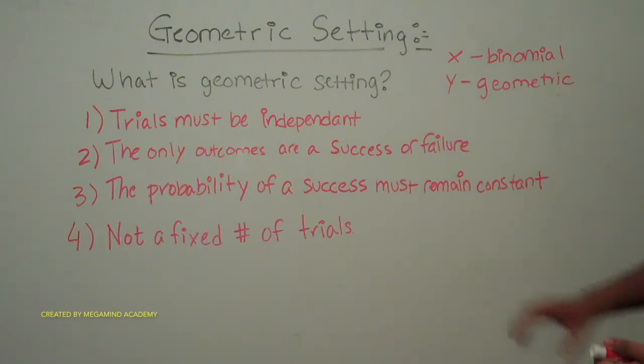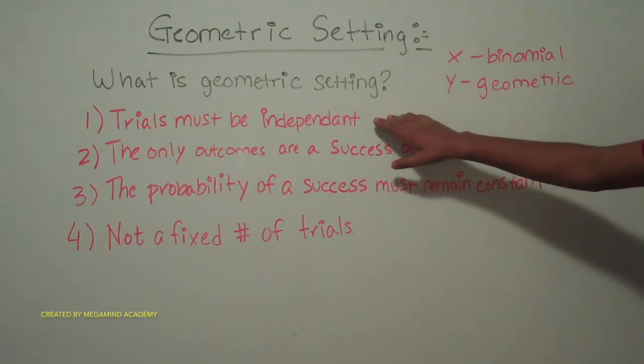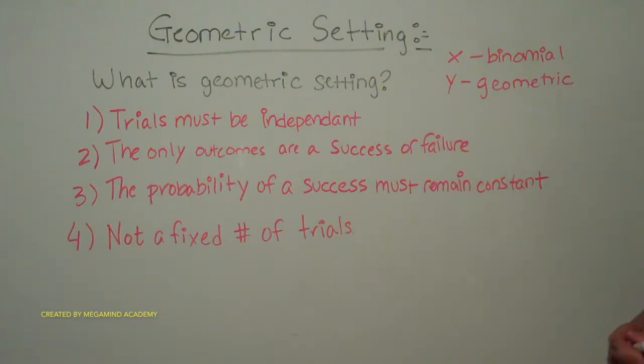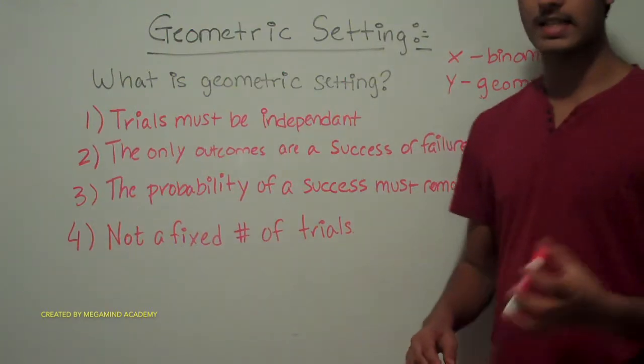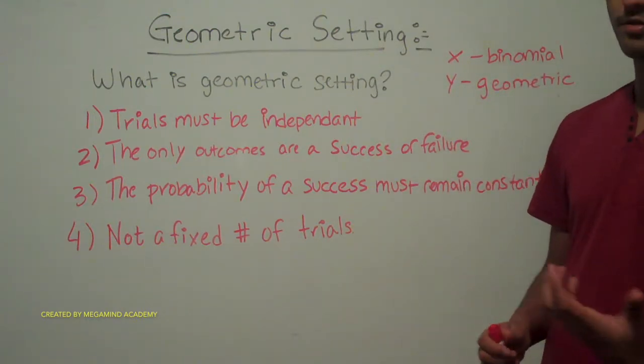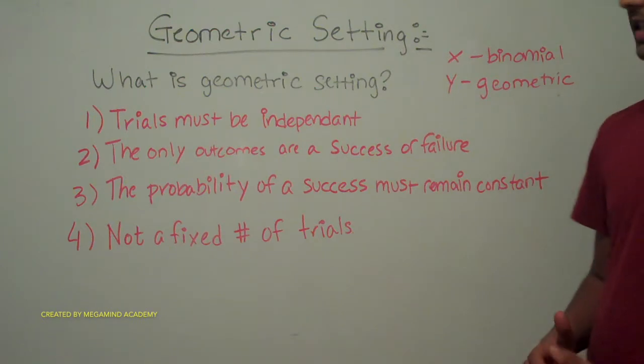This relates back to condition 1, and this is pretty self-explanatory. It also implies that because the probability of a success remains constant, the probability of a failure also remains constant. And then four, the one that is different from a binomial setting, states that there is not a fixed number of trials. Okay, so that's it for geometric setting.